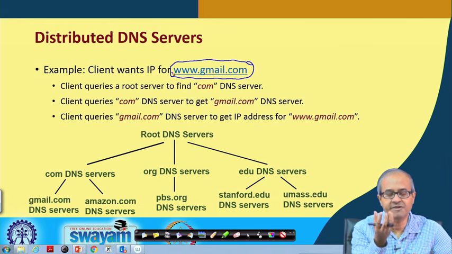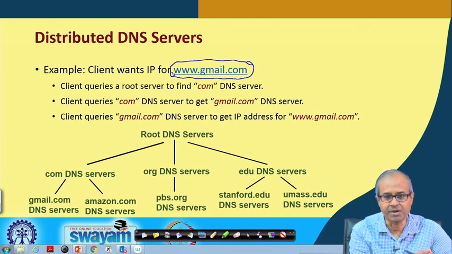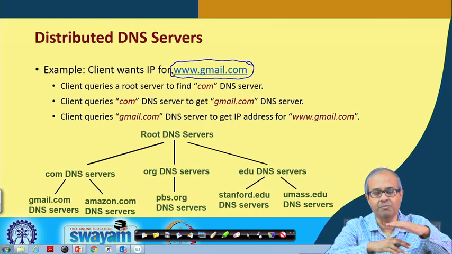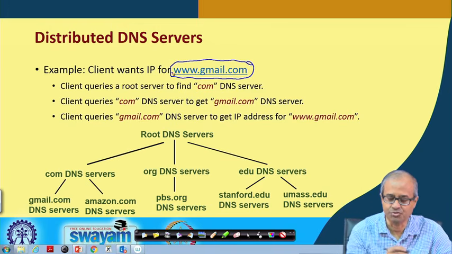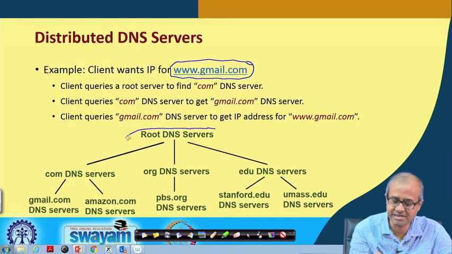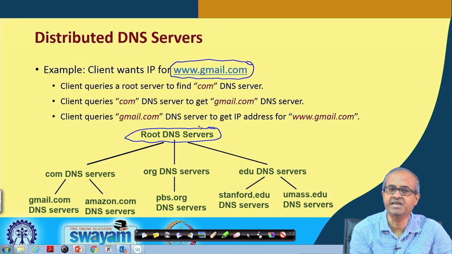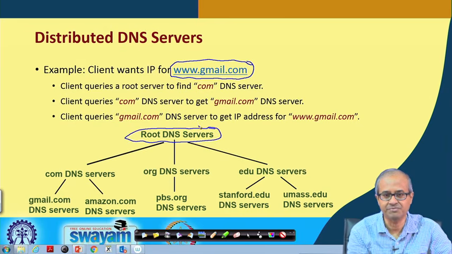Com refers to a DNS server in the .com domain. Gmail refers to one DNS server under that com, which refers to gmail.com. It starts with a root. Initially, there is what we refer to as a root DNS server. So, everything is under root.